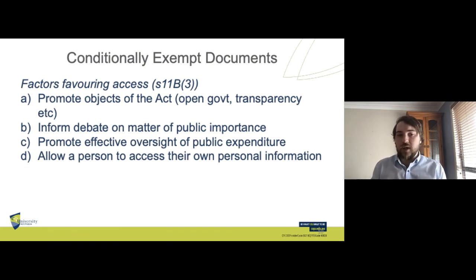If the document would inform debate on a matter of public importance, it should generally be disclosed as well. So looking at the importance of the matter that the document relates to, public expenditure, promoting oversight of that as a means of preventing or reducing corruption. That's a really important factor as well, which would lend itself towards releasing that information.